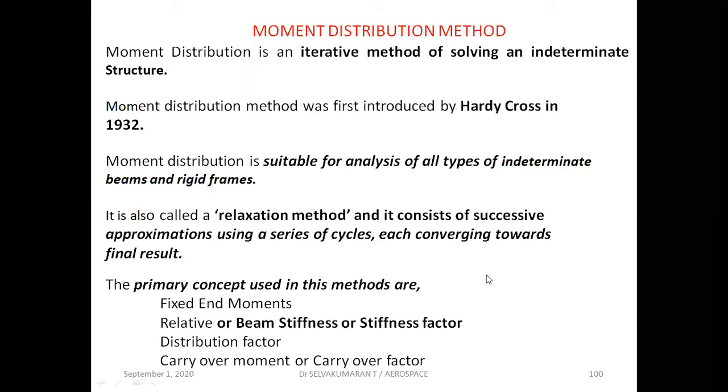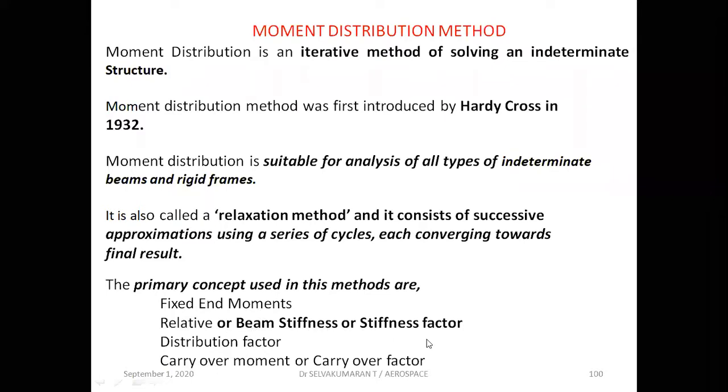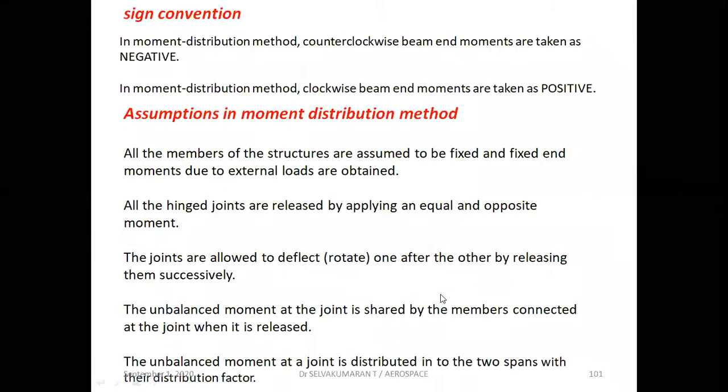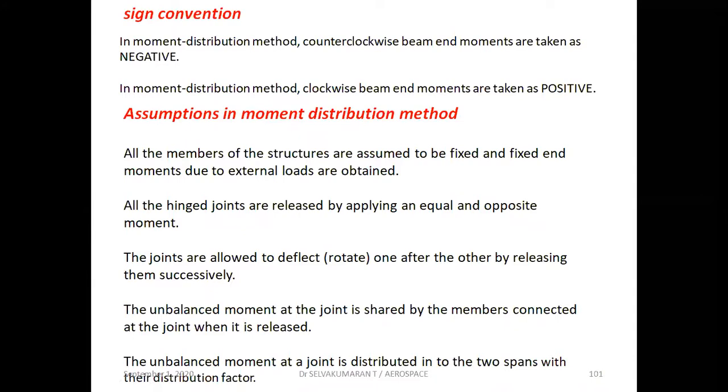So the primary concepts used in this method are fixed end moments, relative or beam stiffness or stiffness factor, distribution factor, carryover moment or carryover factor. I will explain one by one clearly in the coming slides. So the sign conventions: whenever you get into strength of materials or solid mechanics or aircraft structures, we need to understand the sign conventions.